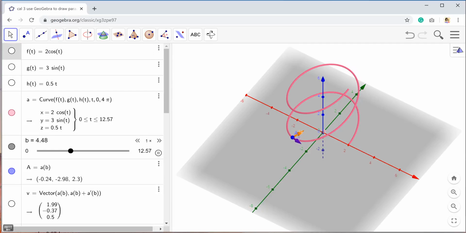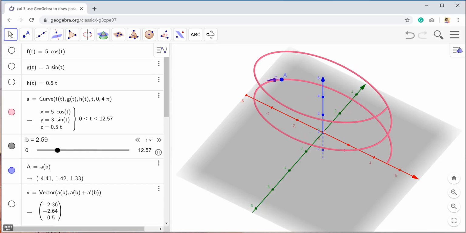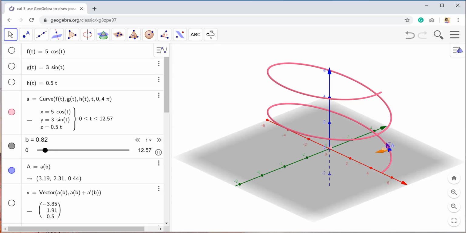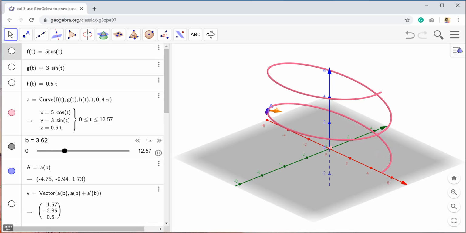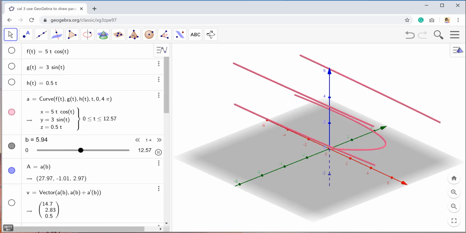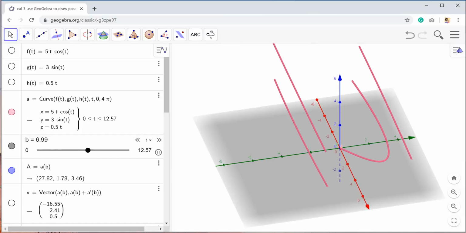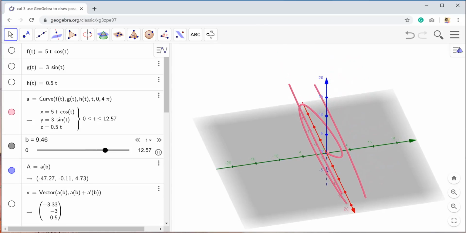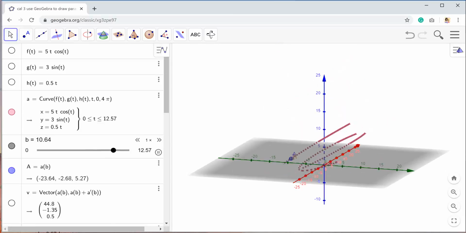Let's change this to 5 and see what happens. Oh, this is what it looks like. You can also change it to different things. If I add a t here, what's going to happen? Let's see. Oh, interesting.